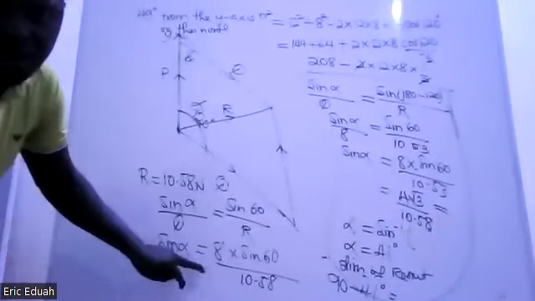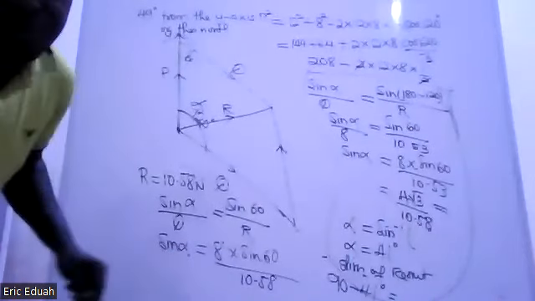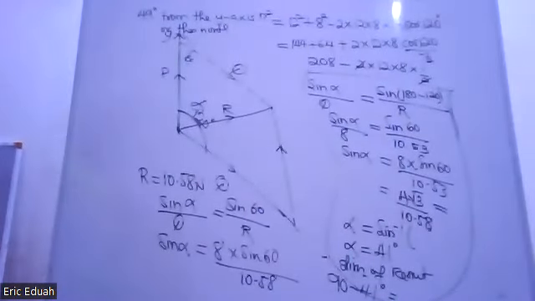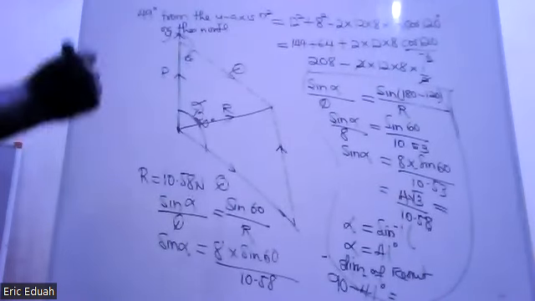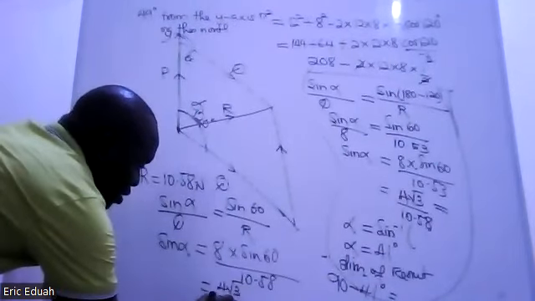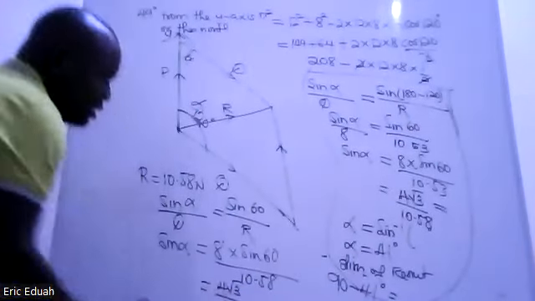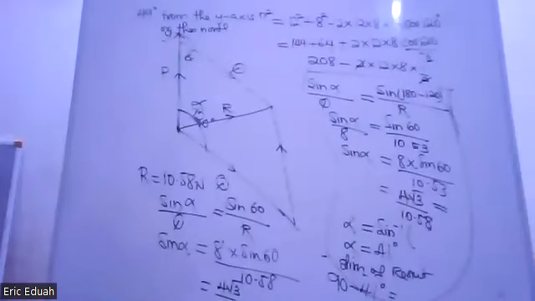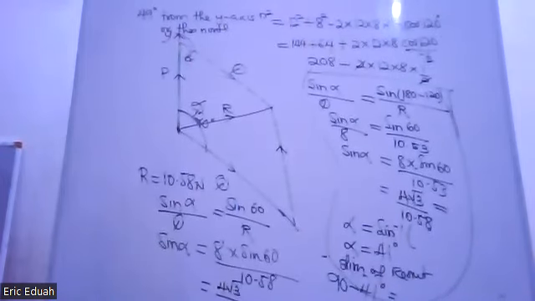Please quickly calculate alpha for me. 4 root 3 over 10.58. Oh, okay, the same value. Alpha will be 41. Yes, please.